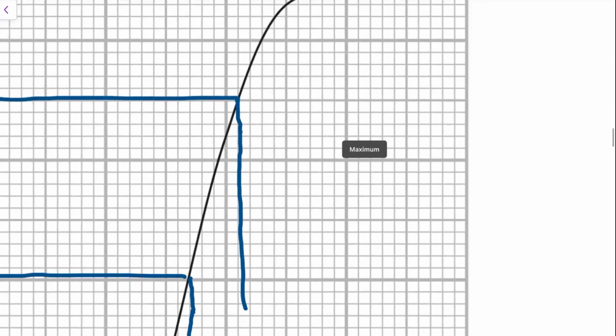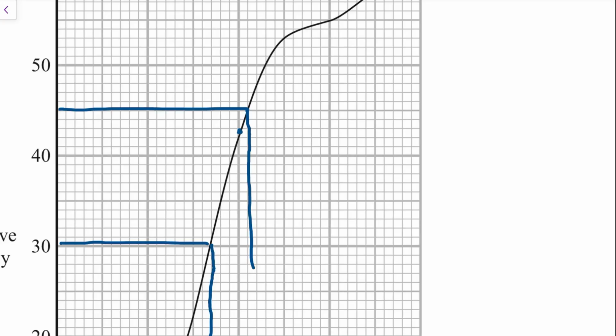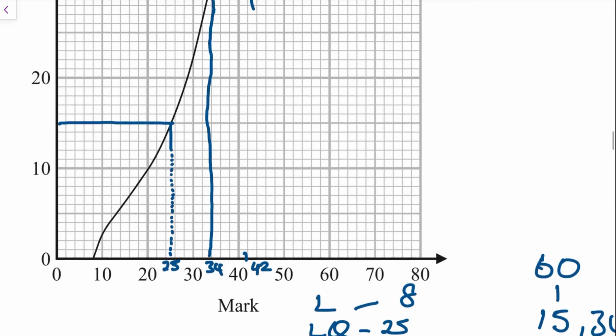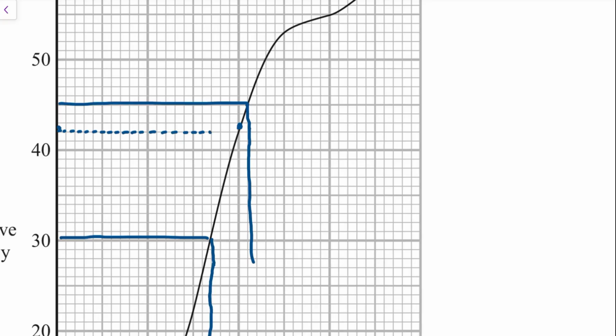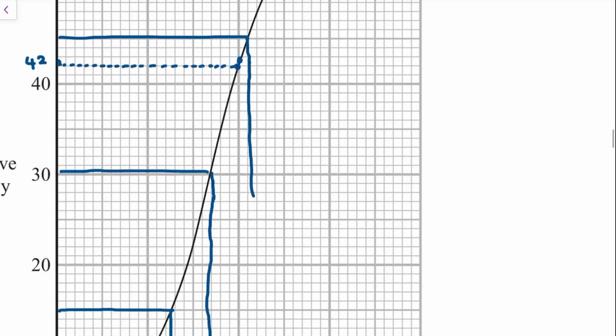Well, 40 is here, which if I go across is, I think it's here actually. Just check I've got the right line here. 40 is here, which is going to be 42. Correct scale.